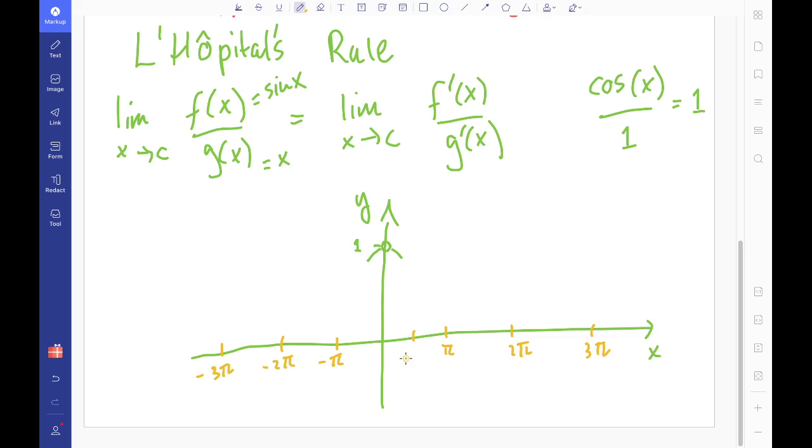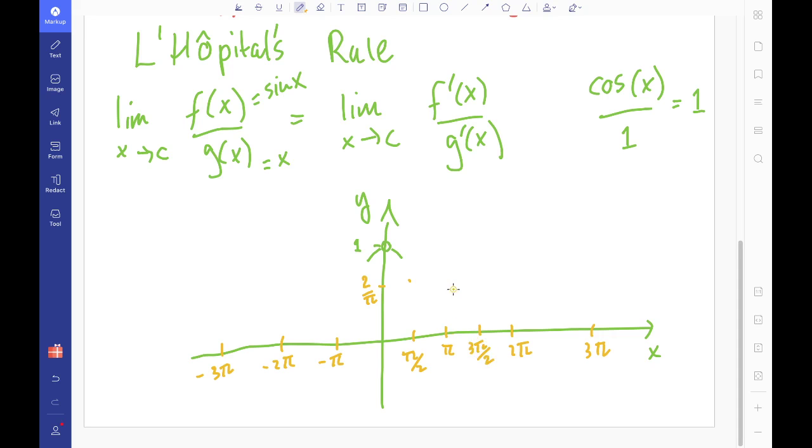We could evaluate what it's going to be at pi over 2. At pi over 2, sine is 1, and so we have 1 over pi over 2, so it's going to be 2 over pi. 2 over pi is about 2/3, let's put it there. So that would be a point. We could do the same thing for 3 pi over 2.